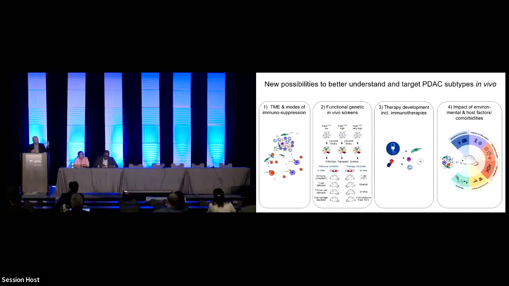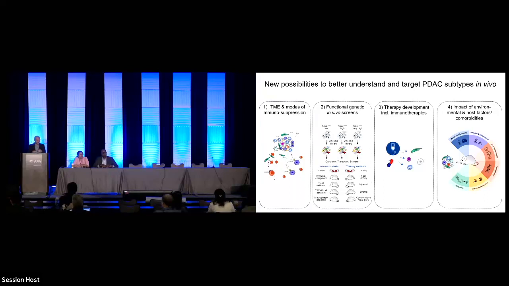And there are, in the end, 4 different layers, I would say, that we are working on. So first, we use these models to understand better the tumor microenvironment, what the drivers are, how immunosuppression is achieved, for example. But we can also do functional genetic screens in different genetic backgrounds, then also in different immunocompetent and immunodeficient backgrounds.